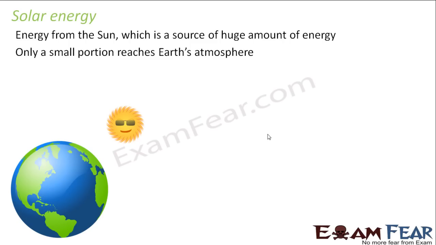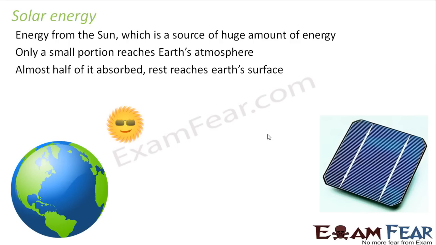Whatever energy comes out from the sun, only a small portion reaches the Earth's atmosphere. It is not that the entire energy coming out from the sun comes to the Earth's atmosphere. Almost half of it is absorbed by the atmosphere, and the remaining reaches the Earth's surface.